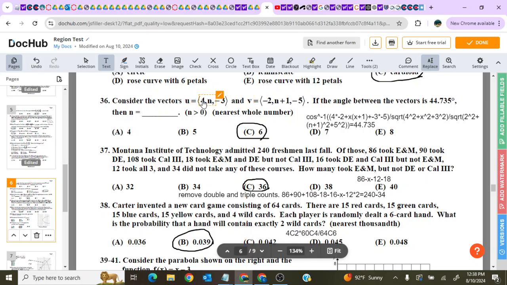Then you divide it by the square root of the sum of the squares: 4 squared plus n squared plus 3 squared. And you also divide by the other vector's magnitude: 2 squared, n plus 1 squared, 5 squared. And then if you take the cosine inverse of that, it has to get you 44.735 degrees. And then n value of 6.